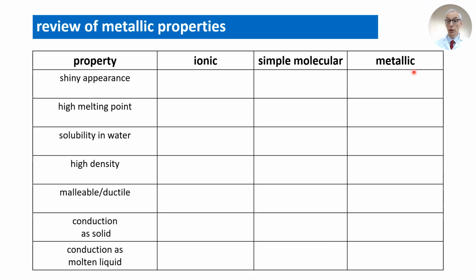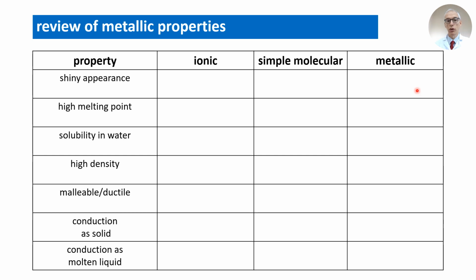So let's review the properties of metals by comparing them to ionic substances and simple covalent molecular substance properties. So here is a list of properties. Decide whether, tick or cross, they are shown by ionic, tick or cross, they are shown by simple molecular, and tick or cross, they're shown by metals.